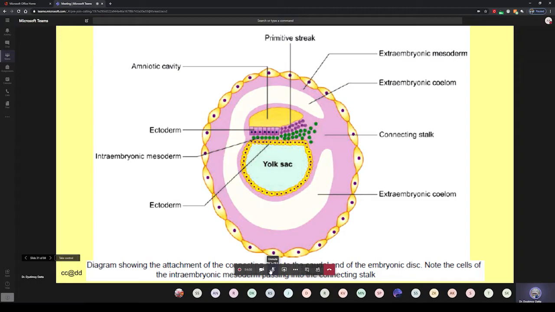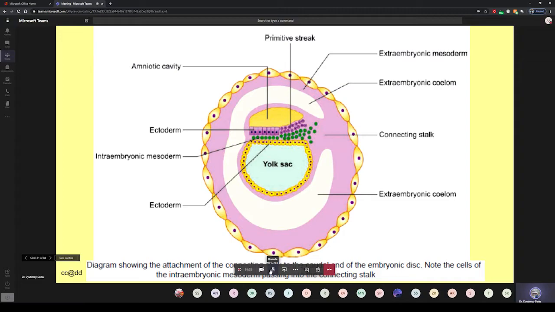Here you can see the word intraembryonic mesoderm. Okay, right? And please note, whatever we spoke about, this was to do with the embryonic disc. You see the outer big circle. You can see the outermost yellow lining.